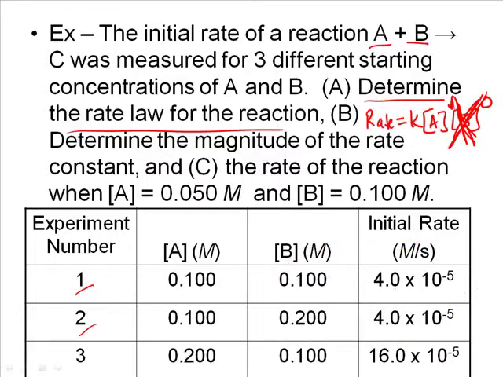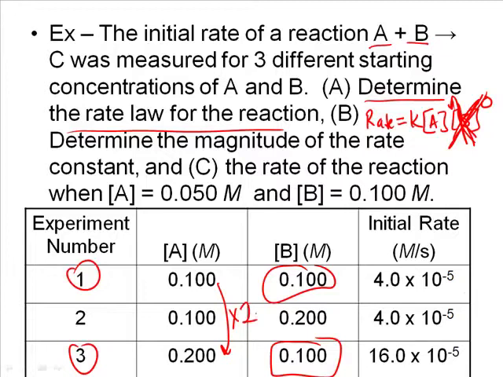What does A do? Well, you want to find an experiment where B doesn't change. So we're going to look at experiment number 1 and experiment number 3 because B remains constant. So we could say in comparing experiments 1 and 3, A doubles. It's going up by a factor of 2. What is the rate doing?